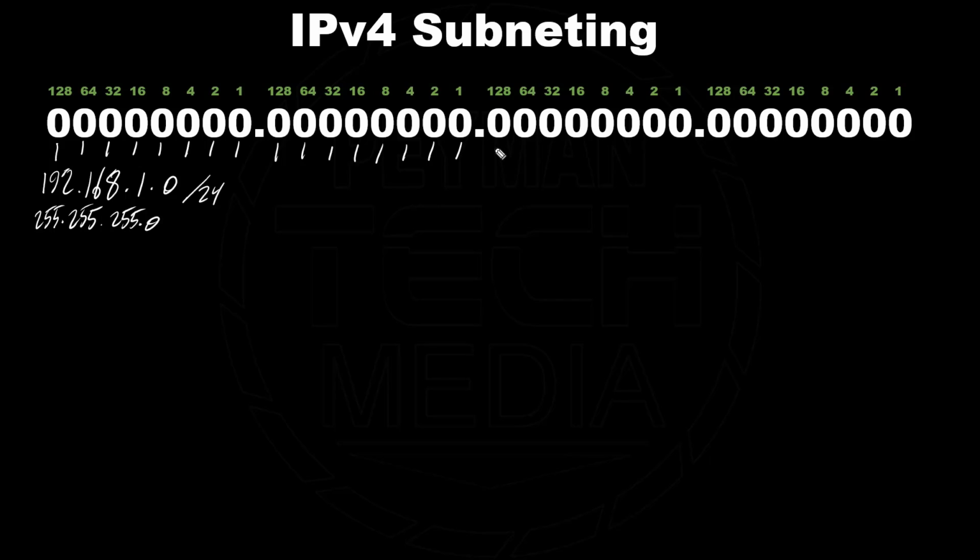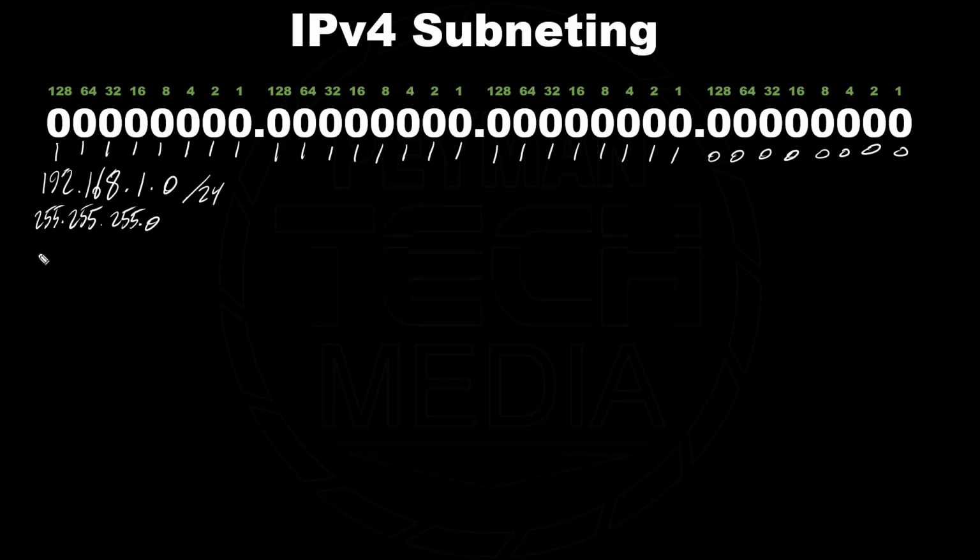On the third octet, 255 also means 8 bits turned on, because anytime we have all 8 bits turned on in binary, the decimal values 128 plus 64 plus 32 and so on, because all of them are turned on, give us 255. And the last octet is pretty much all turned off.